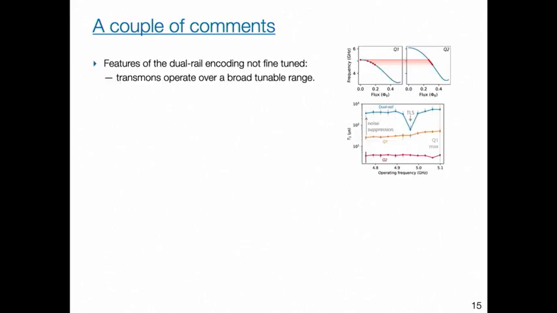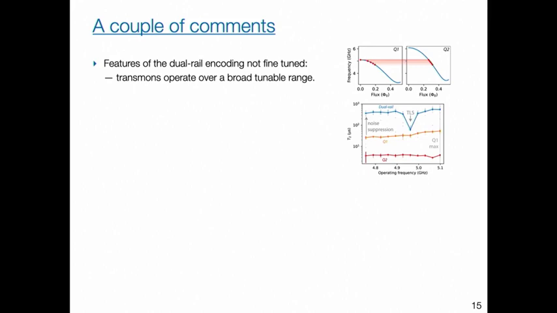So let me make a couple of comments. First, the features of the dual rail encoding, which are a large erasure bias and the ability to perform high fidelity erasure checks, are not fine-tuned.